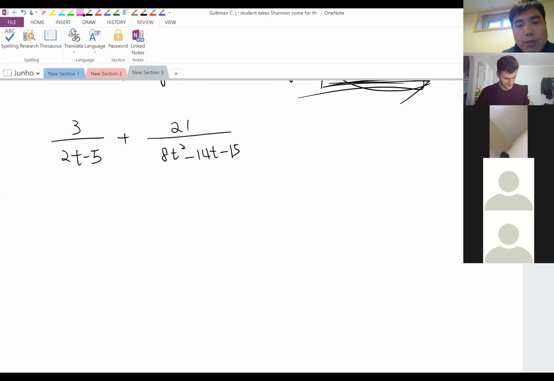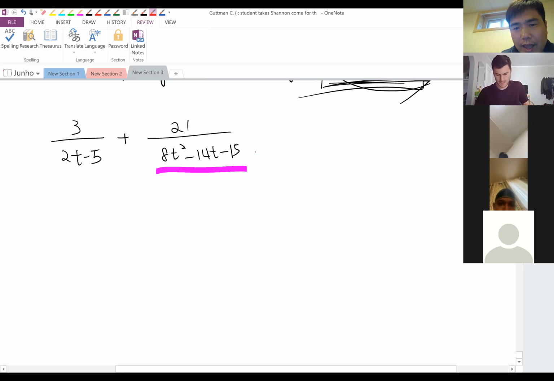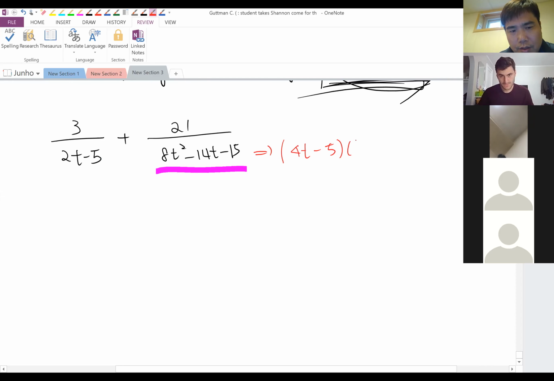Okay, does anyone complete factoring for this trinomial? I did. Yeah, what is that? This one? So that formula is 8t minus 20. 2t minus 5. 2, not 4.